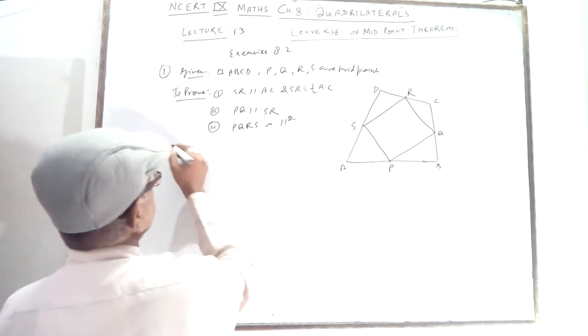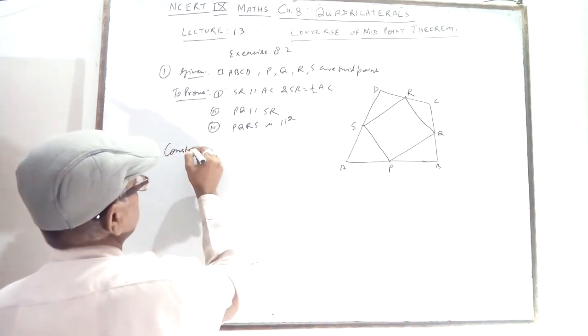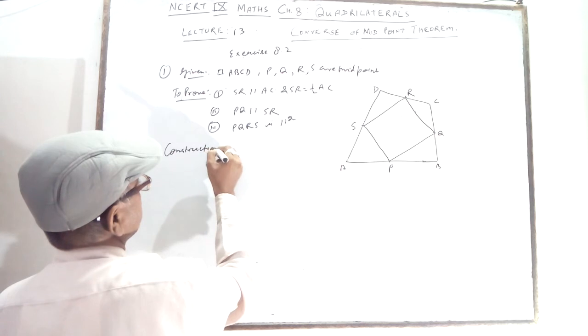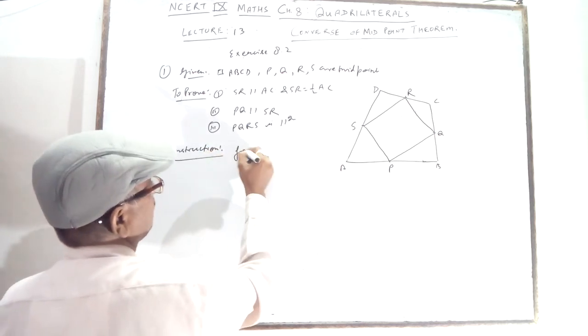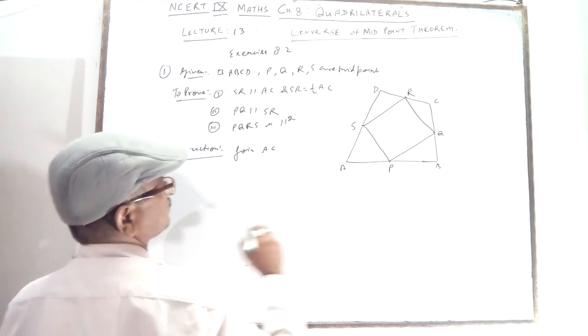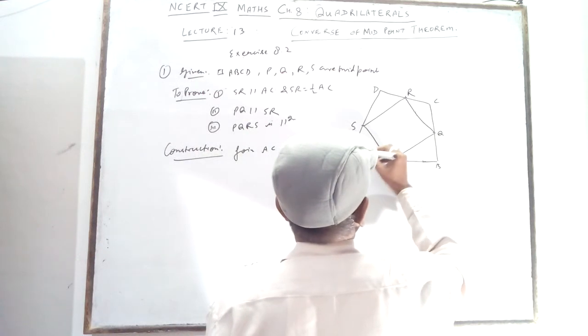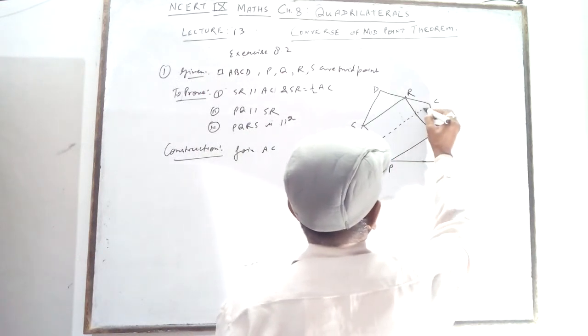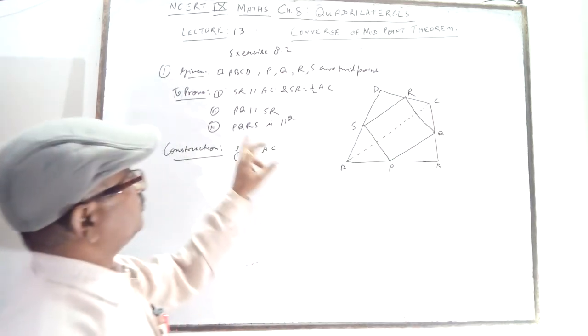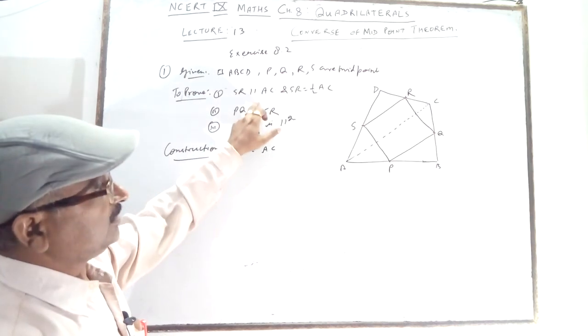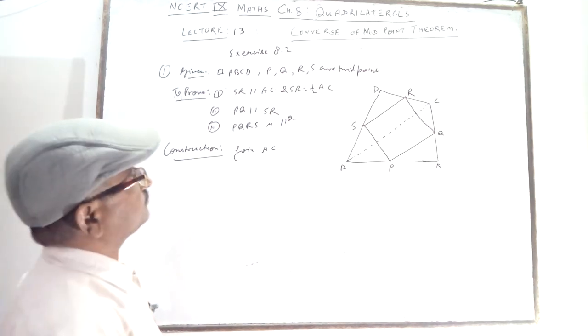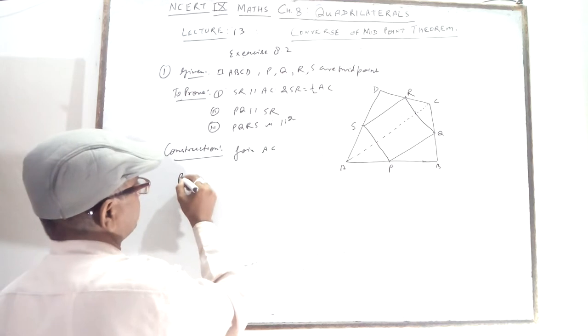Proof. Construction. Without construction you can't get it, because you want a triangle. Join AC, because SR and AC you want.